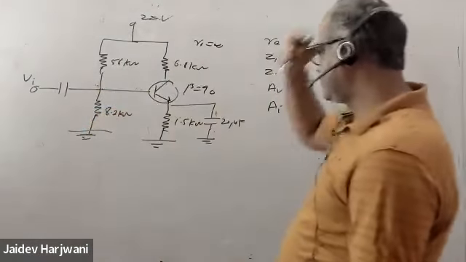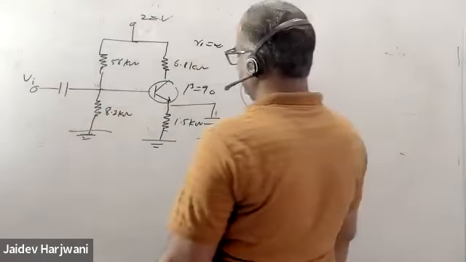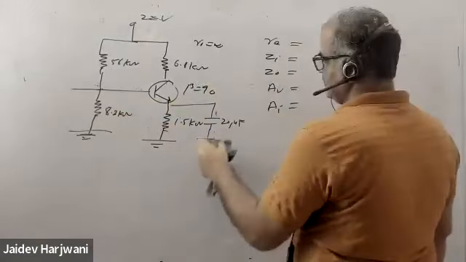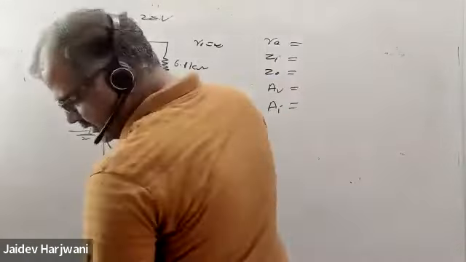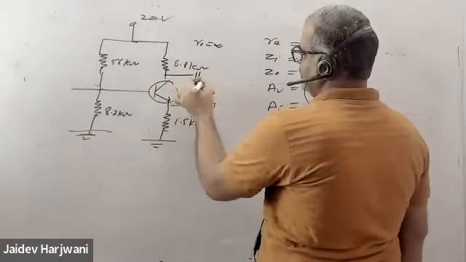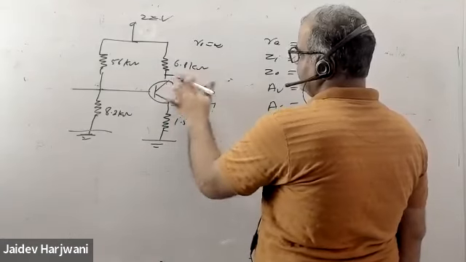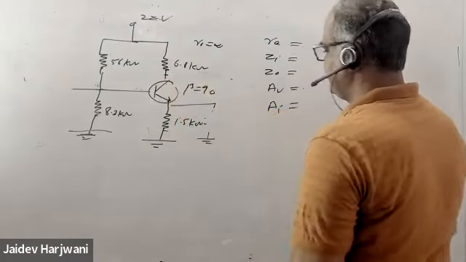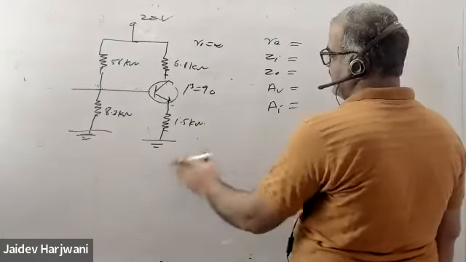You can solve this by the approximation method. For DC, this capacitor will be open, and here again I'm taking output V naught. For DC I can remove this one. Solve this for RE.